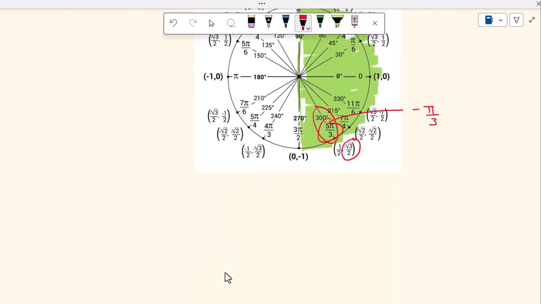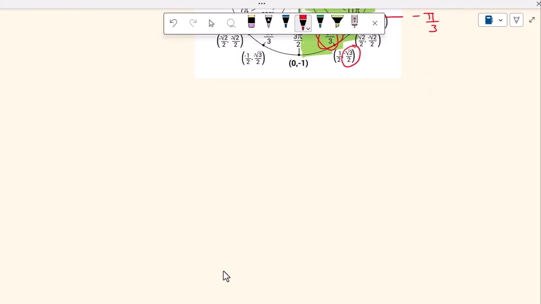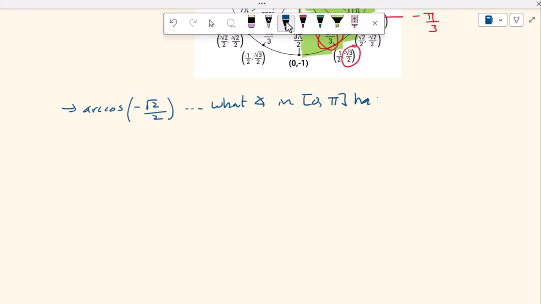So every time you see a question, you should be writing out the words, if it has an inverse trig function, what angle. Let's look at arc cosine. Let's do negative square root of 2 over 2. So this means what angle in the interval from 0 to pi, because cosine is 0 to pi, has a cosine of negative square root of 2 over 2.